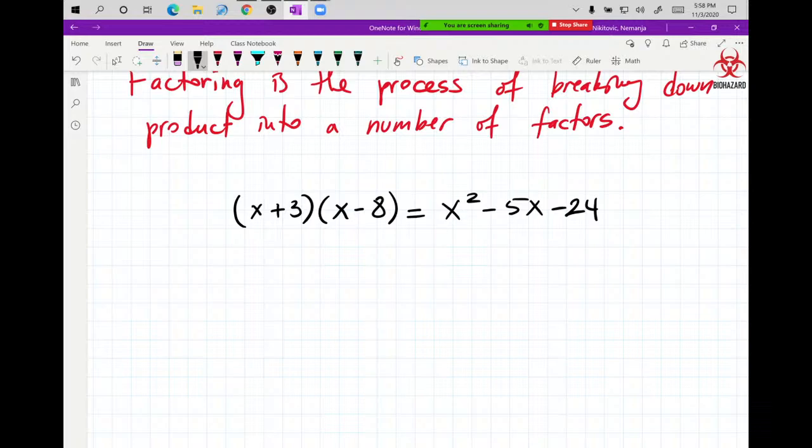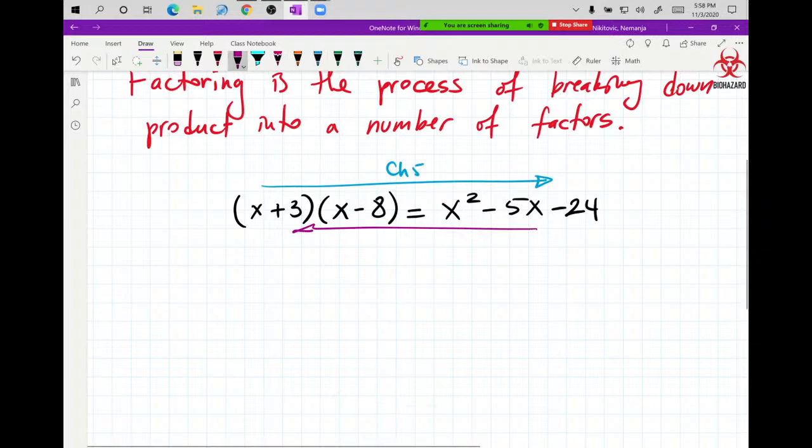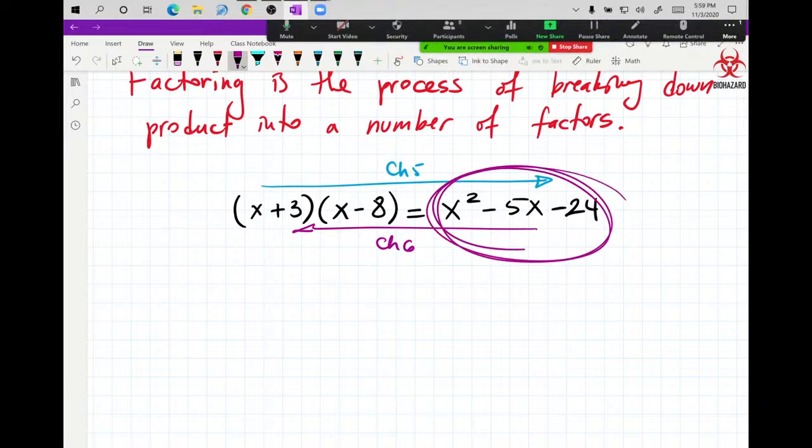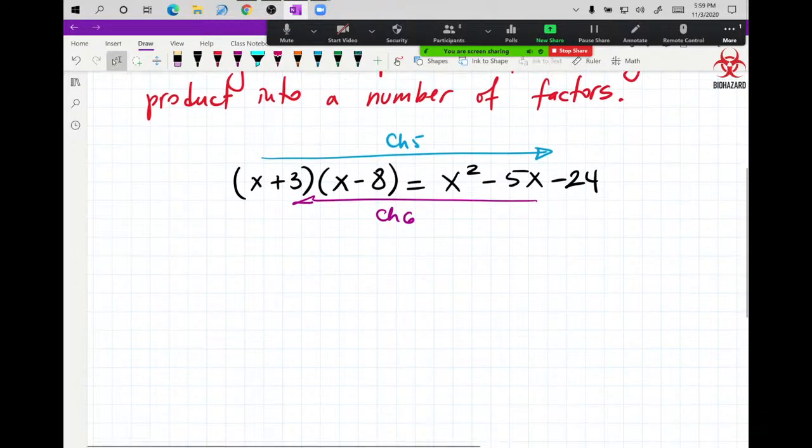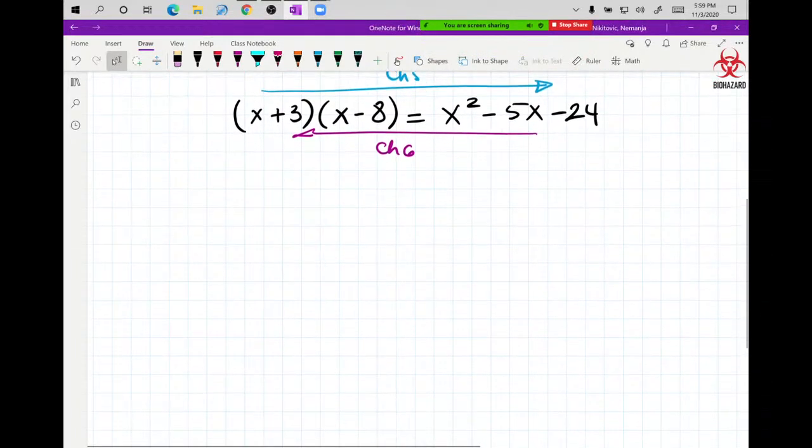Now, when you do the problem this way, you have chapter 5. When you do the problem this way, you have chapter 6. So in chapter 6, this is given, and then you are breaking that apart into smaller pieces.